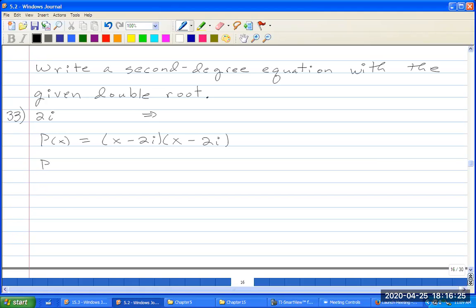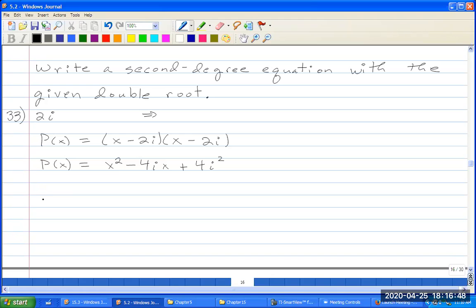And so this will equal x squared minus another 2ix gives me a 4ix plus 4i squared.